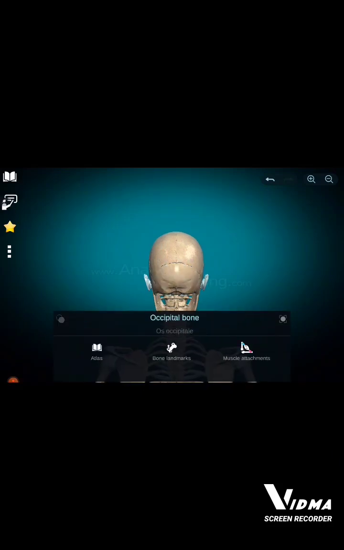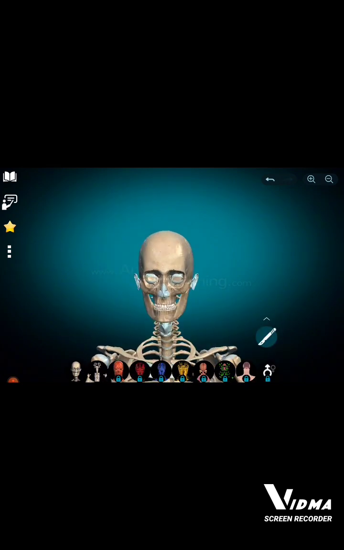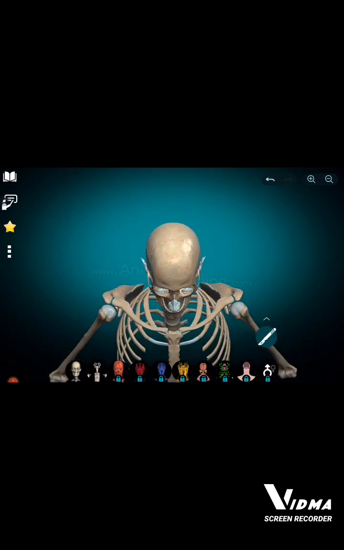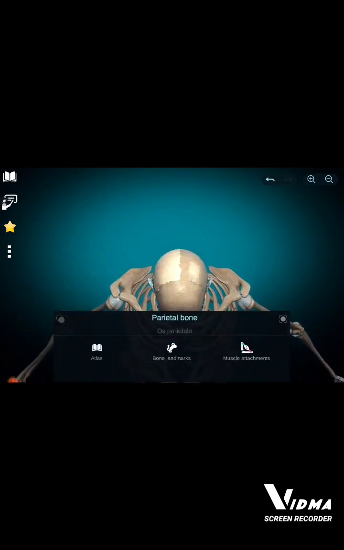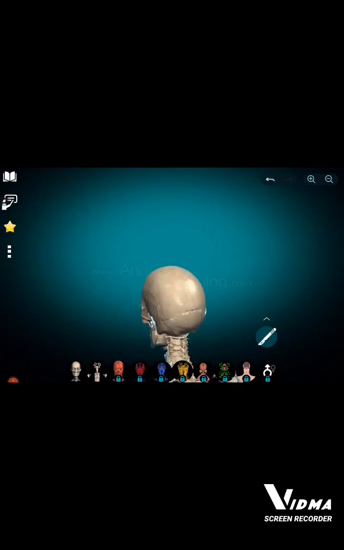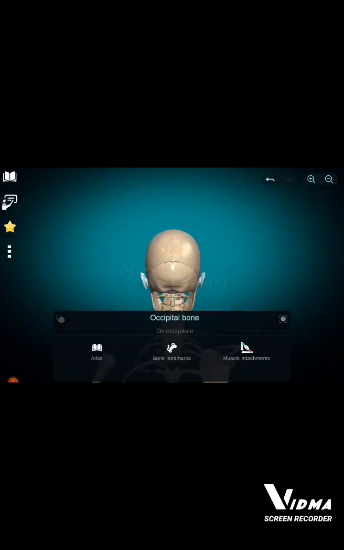Okay, so we can see one frontal bone, two parietal bones, and one occipital bone.